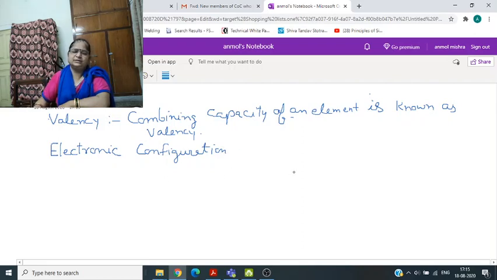We know that in the atom, in the center, nucleus is present, and in nucleus, protons plus neutrons are present, and outside the nucleus, shells are present.